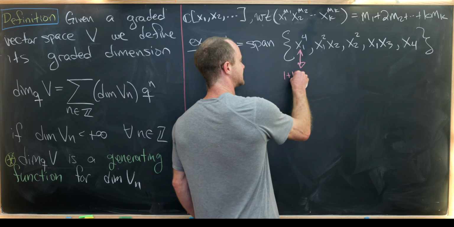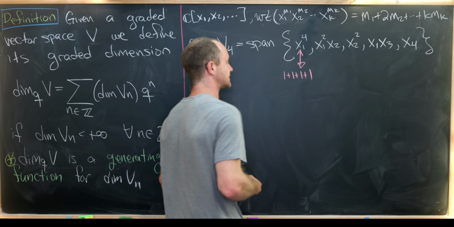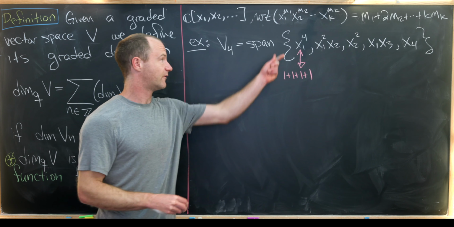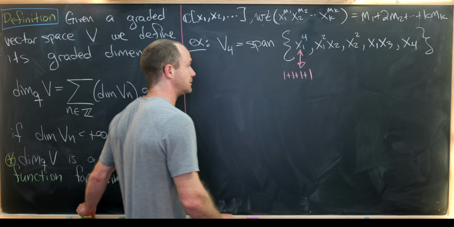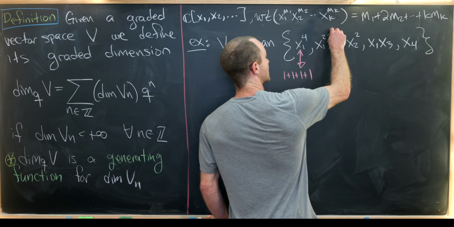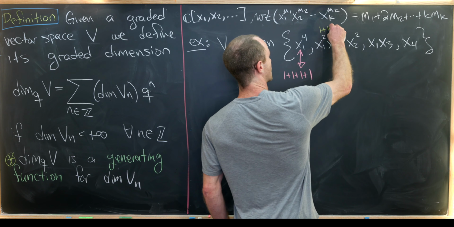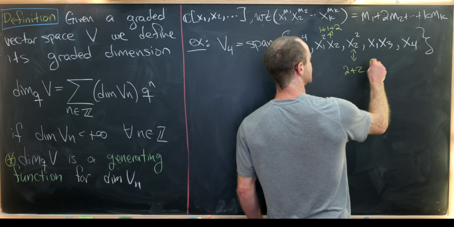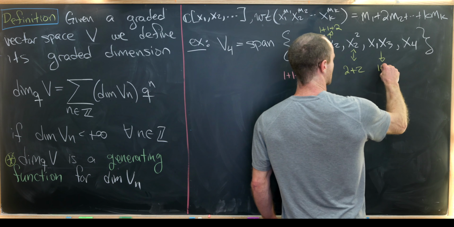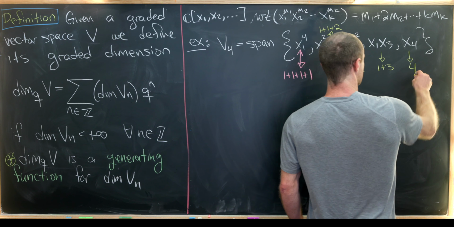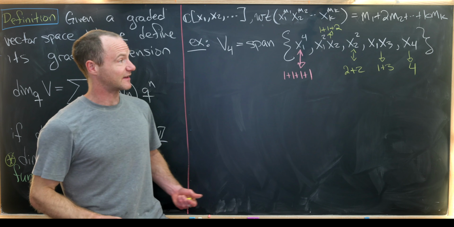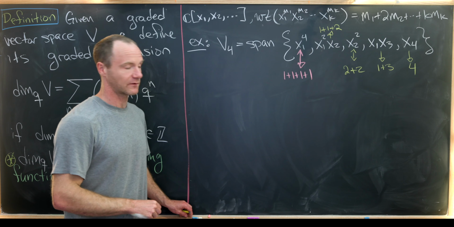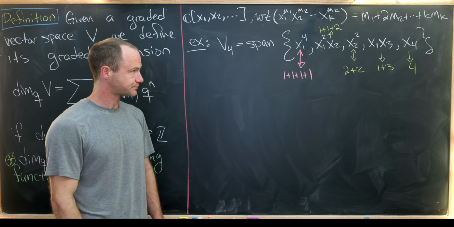So this is related to the integer partition 1 plus 1 plus 1 plus 1, because we have 4 copies of x1. Whereas this one right here is related to the integer partition 1 plus 1 plus 2. This guy right here, 2 plus 2. This guy right here is 1 plus 3. And this one right here is 4. And so there are exactly 5 partitions of the number 4, and that's what we're getting here.